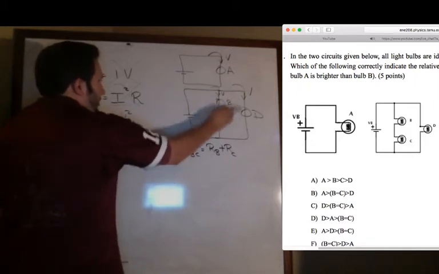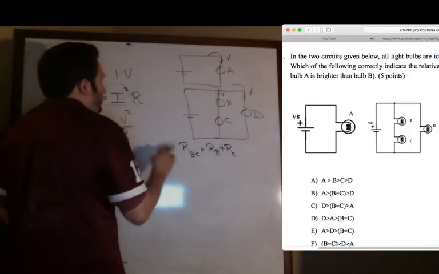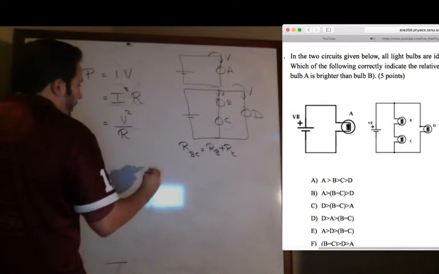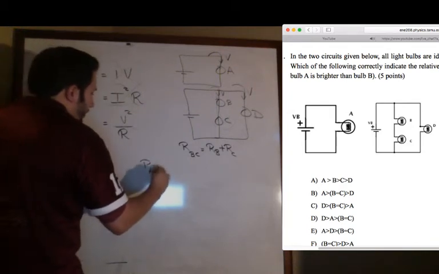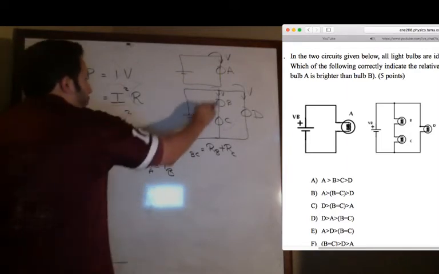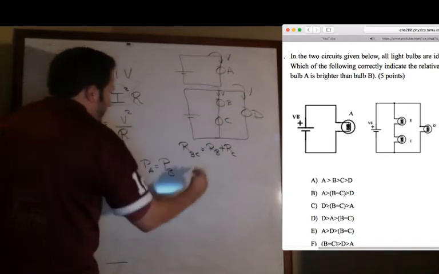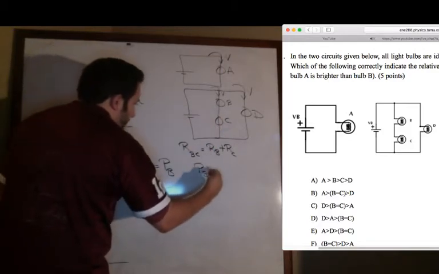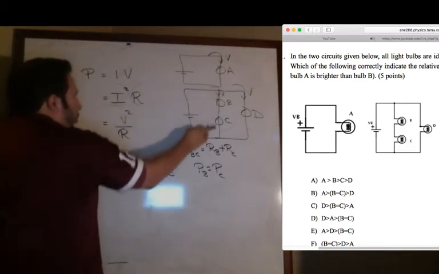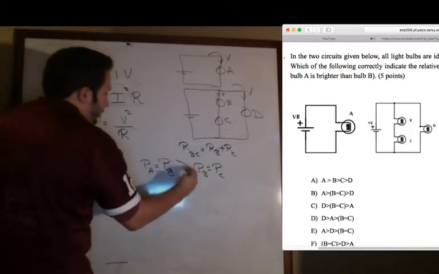Since all these bulbs are identical, the resistance through A and the resistance through D is equal. The voltage through A and the voltage through D is equal. So I already know the power of A is equal to the power of D. And we know that for B and C, since this is bigger and these are the same, the power of B is equal to the power of C. However, since the overall resistance is bigger, that makes the power smaller.